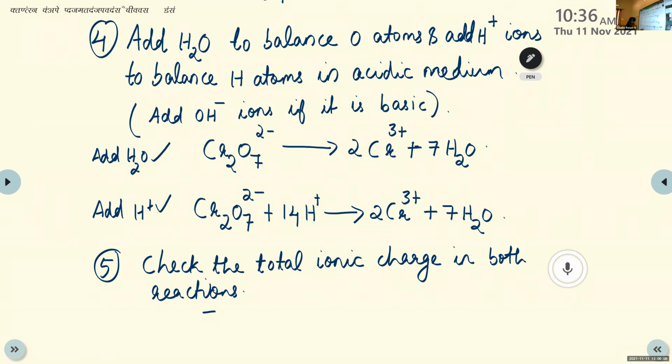So first we can rewrite the first equation, that is Fe2+ will give Fe3+, right? What about the total ionic charge on both sides?